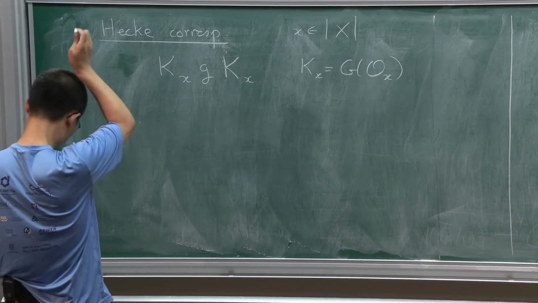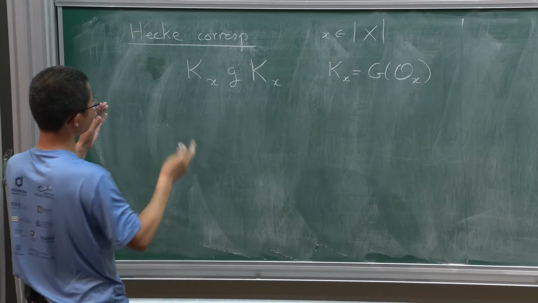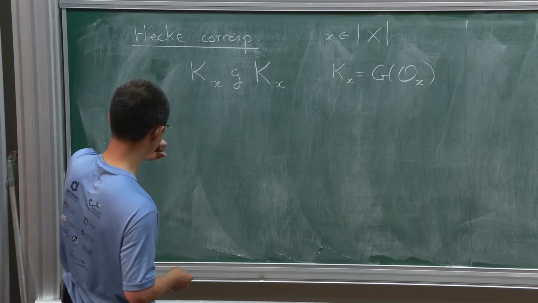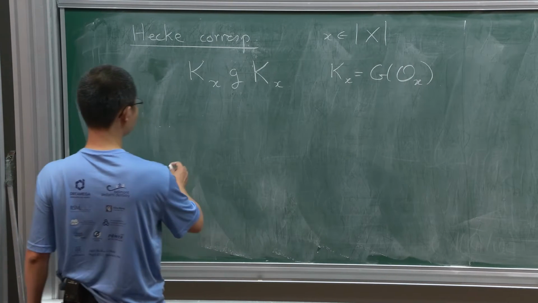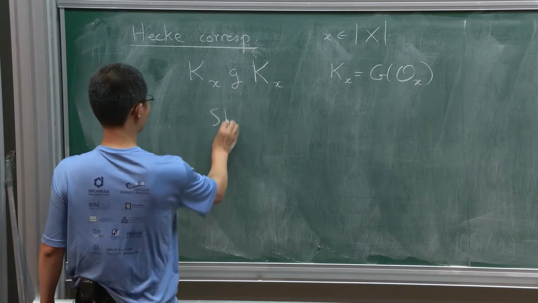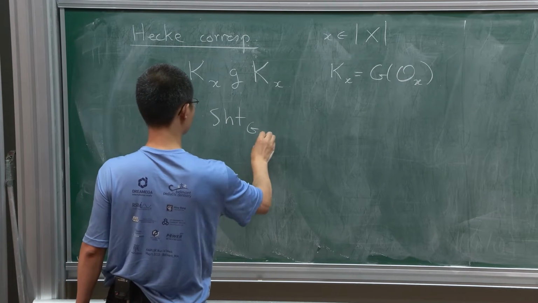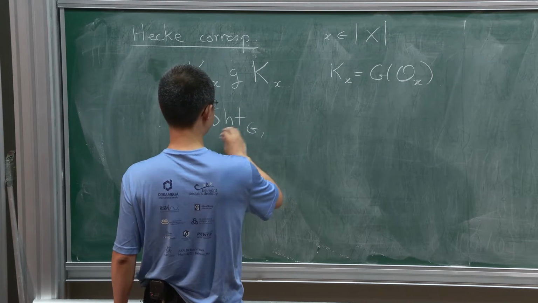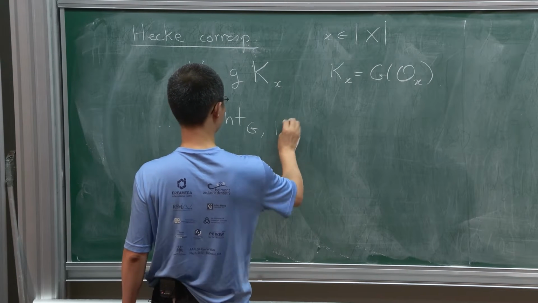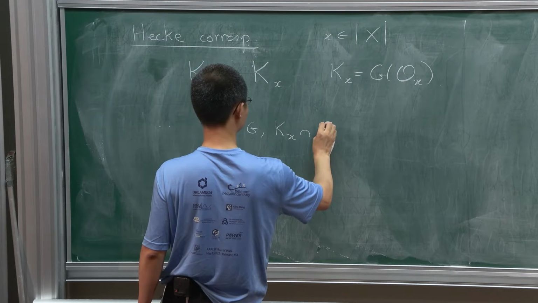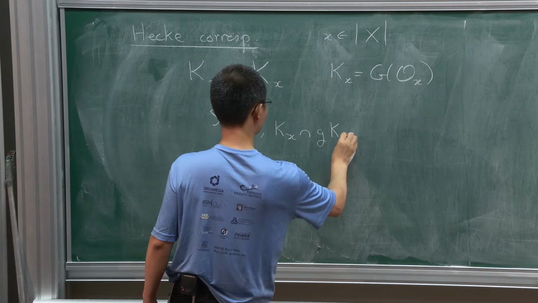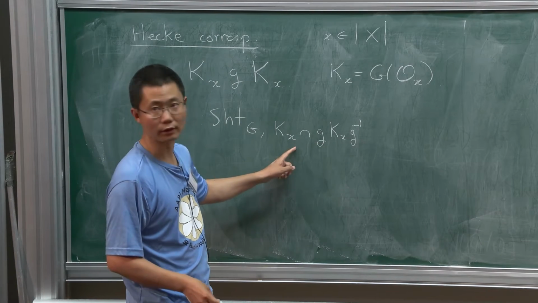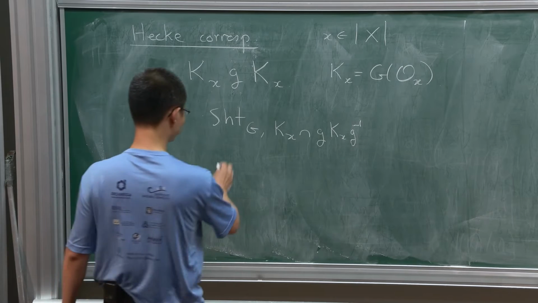So although we didn't start with a level structure, to talk about Hecke correspondence, we need to introduce a little bit of level structure. I'll just write some symbols, and I think it's pretty much self-explanatory. So as Hecke correspondence, we need to put a level structure at x given by this compact open subgroup.